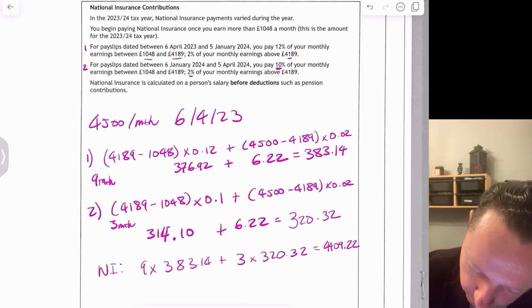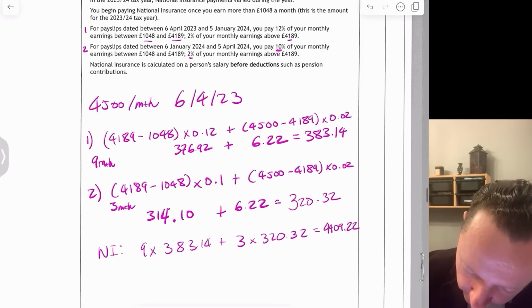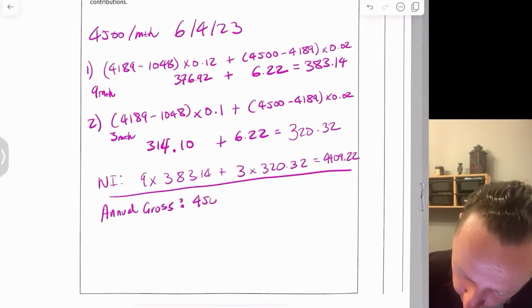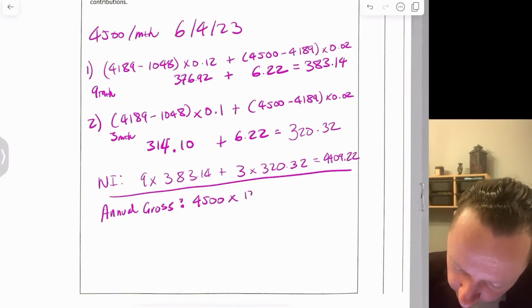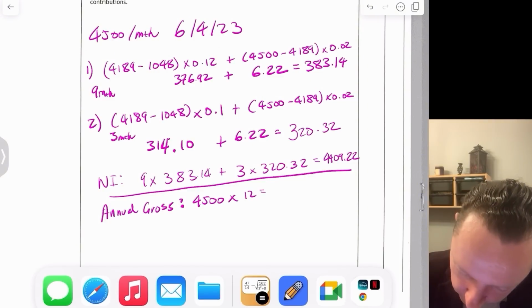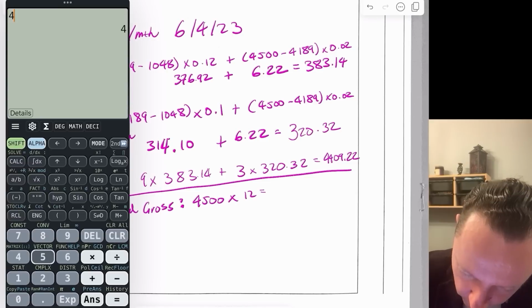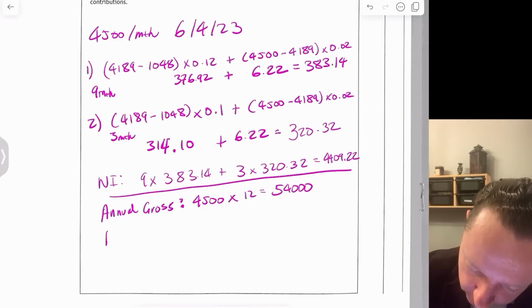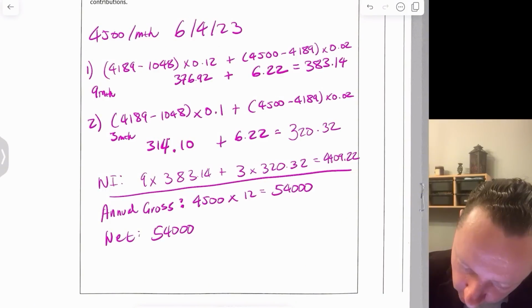So his annual gross, we'll call it, is 4,500 times 12, because he has 4,500 a month, which is 54,000. So his net is 54,000 minus all his deductions.